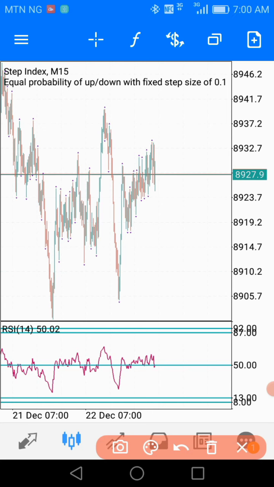Now regular divergence can be looked at as a leading indication, as it gives you the opportunity to sell at a high point and buy at a low point, since it signals price reversal.